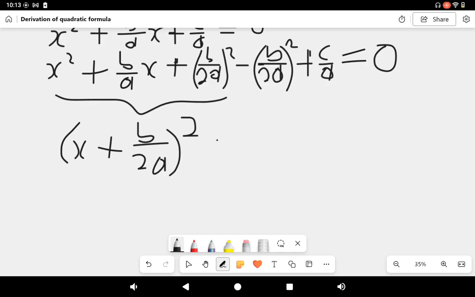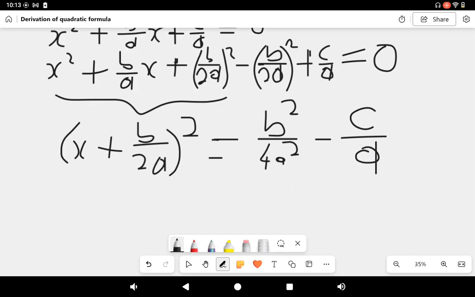So this is going to be equal to b squared, this square, okay, b squared over 4a squared, right? Then minus c over a, yes.